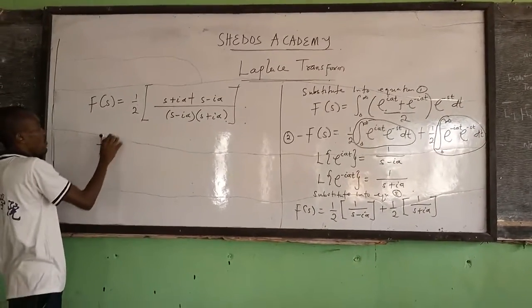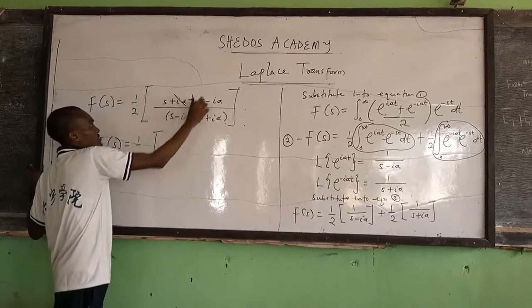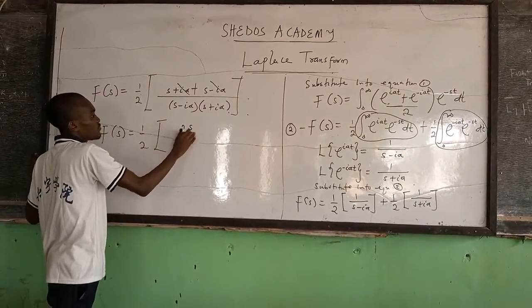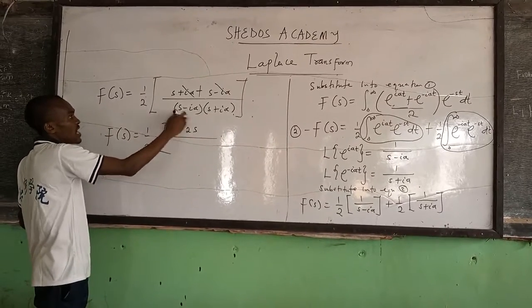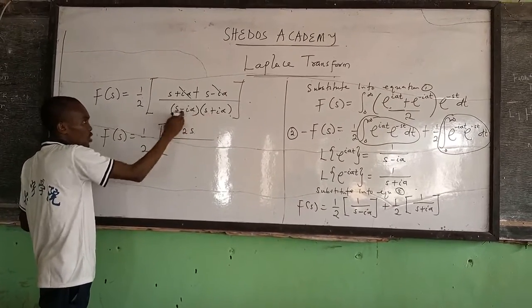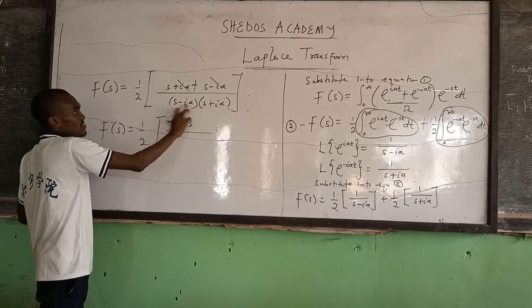So we have F(s) is 1 over 2, this cancels this, you have 2s over, when you open up this bracket, you have s, both are the same expression but of different signs.